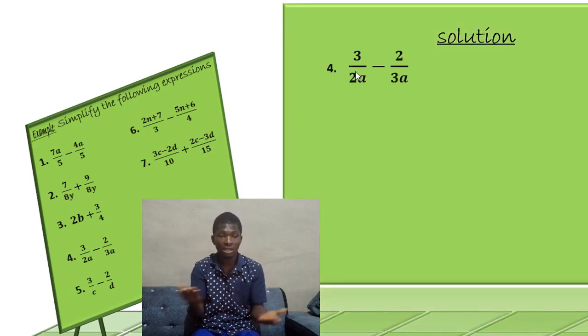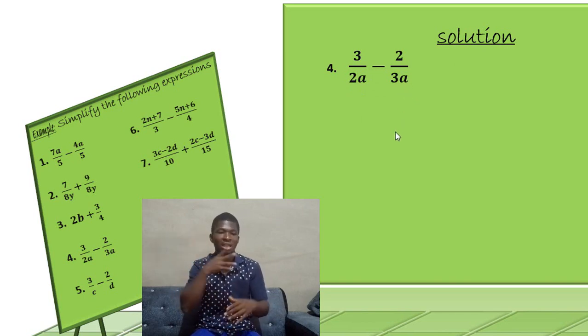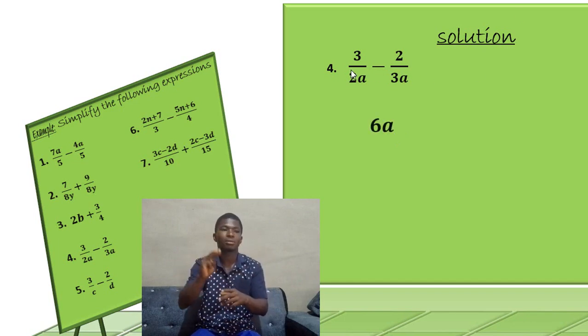Question 4 here has 2a and 3a as our denominators. The first thing we look at is the denominator, and we look for the LCM. The LCM of 2a and 3a is 6a.